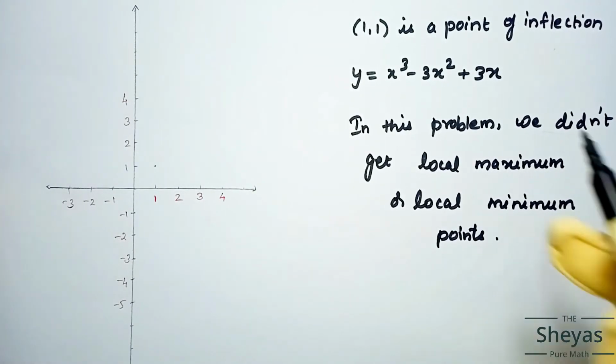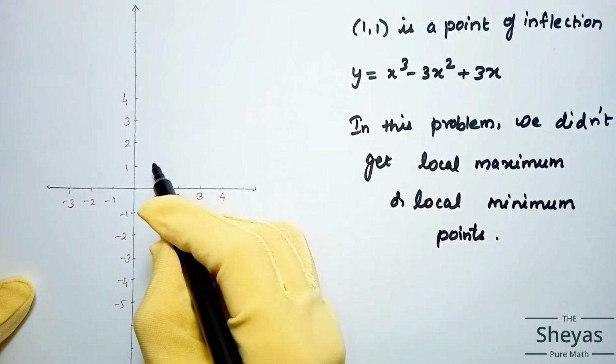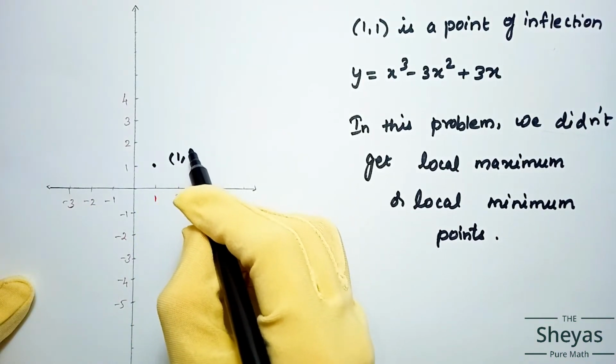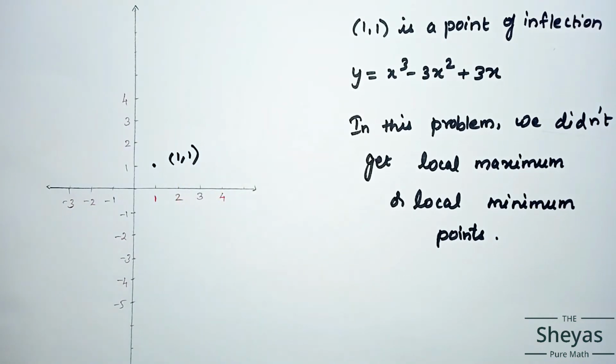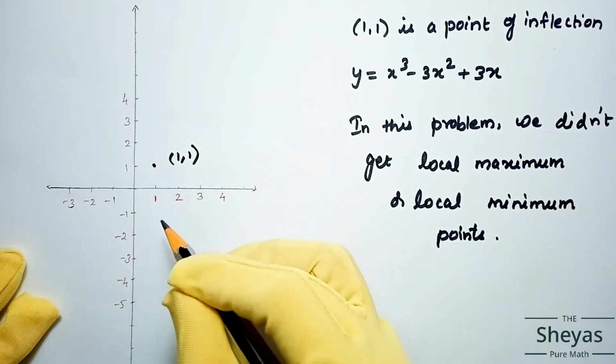Now 1, 1 is a point of inflection. So just mark that point. This is the point 1, 1. Now we are going to draw the graph. This graph has no local maximum, no local minimum, and just a point of inflection. At the point of inflection it changes direction.